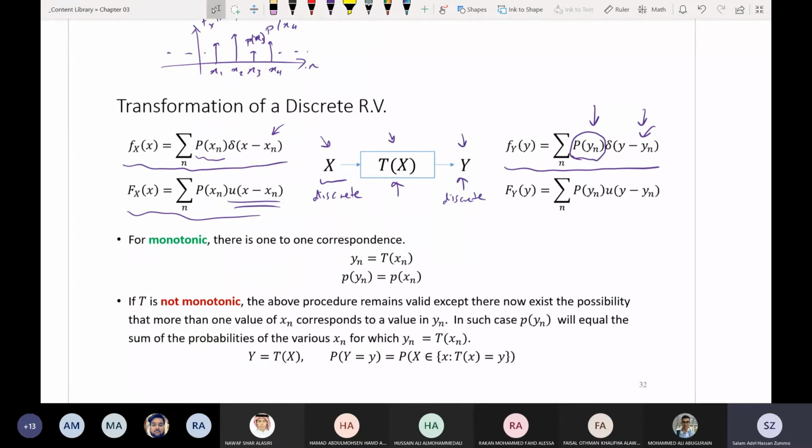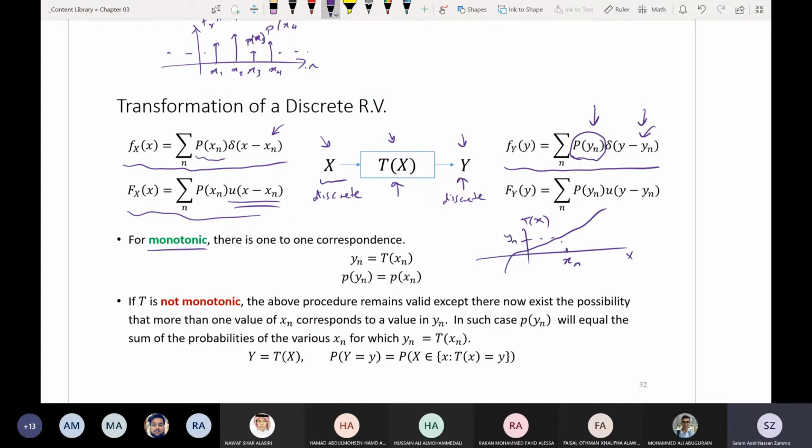Now, if I have a monotonic function, meaning the function T of X goes in one direction, up or down, as we said. Then for every value x_n, how many values will I have for Y? One value, right?